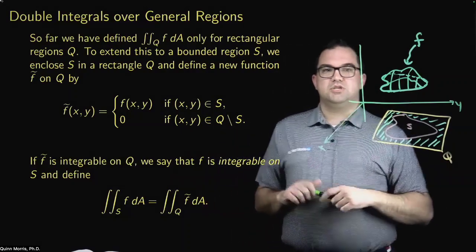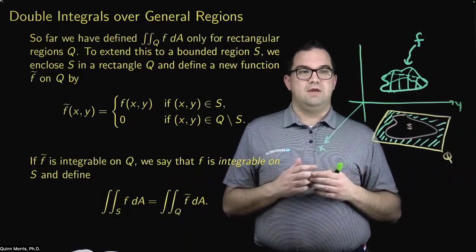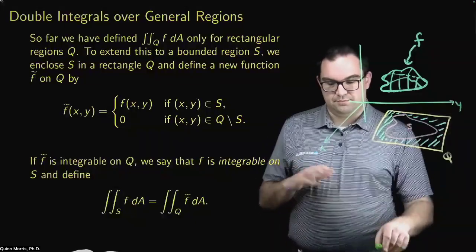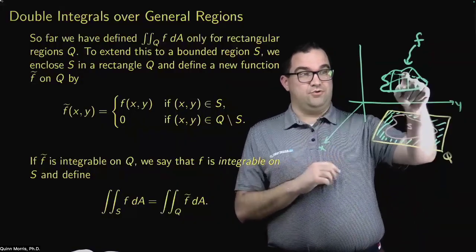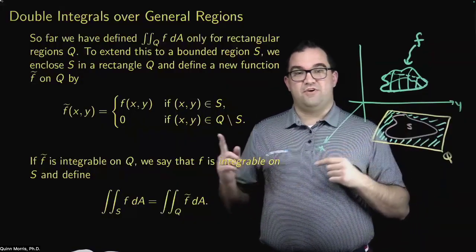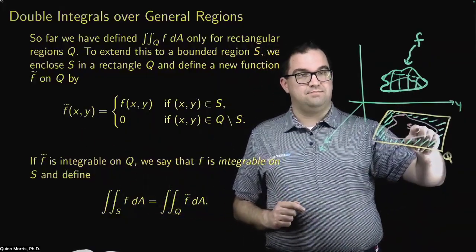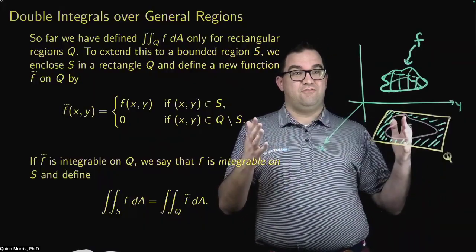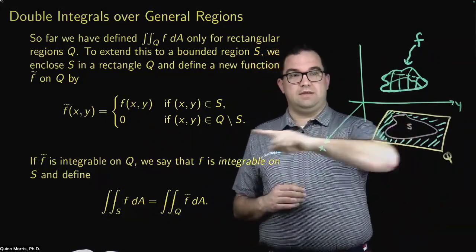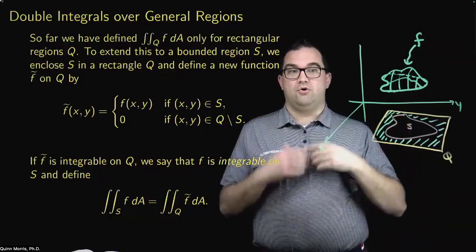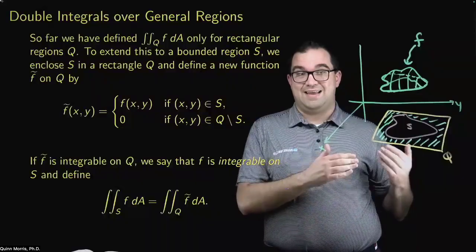So what I want to do is claim that this function f tilde is integrable, and then say that f is integrable. Sorry, let me reverse that. I want to say f is integrable if this function f tilde is integrable on Q. So we'll say f is integrable on S if and only if this extended function f tilde is integrable on Q. f tilde is defined on all of Q. Q is a rectangle, and we already know what it means for a function to be integrable on a rectangle.